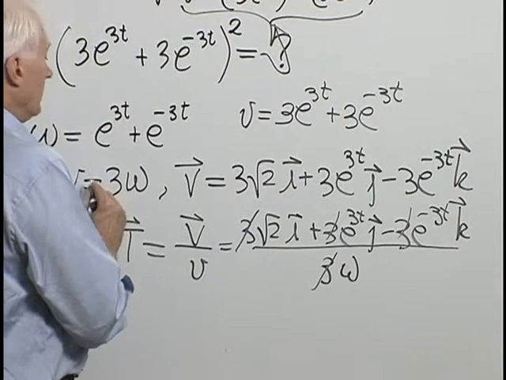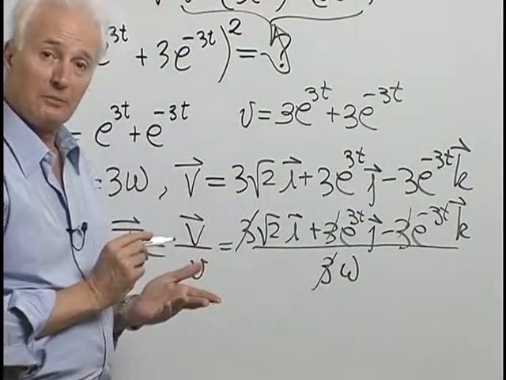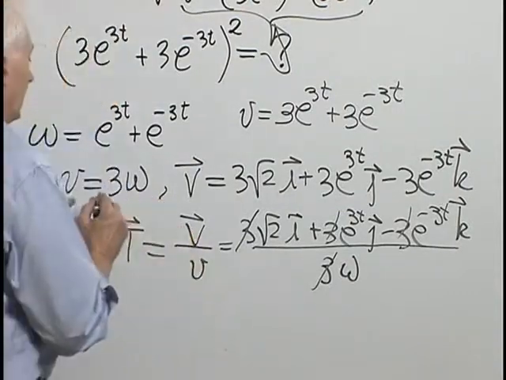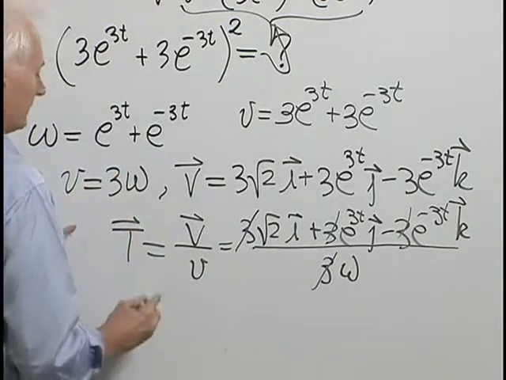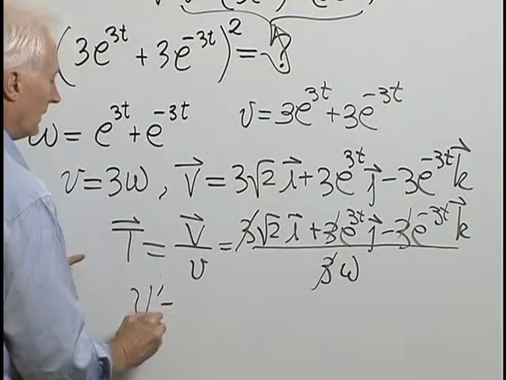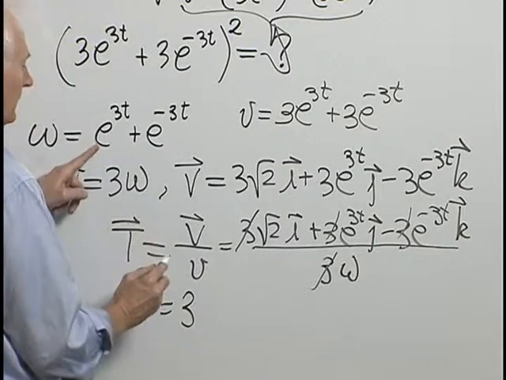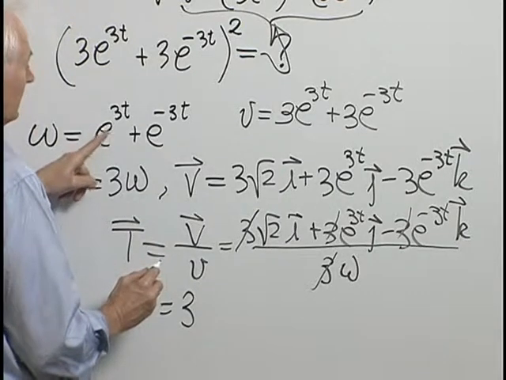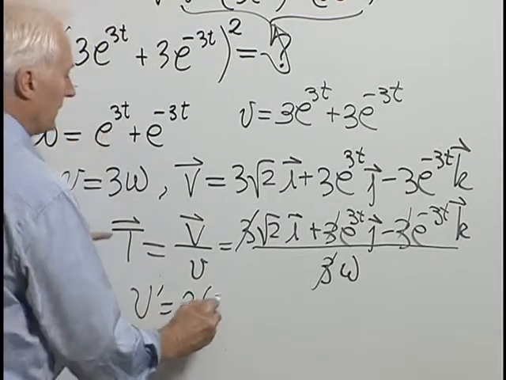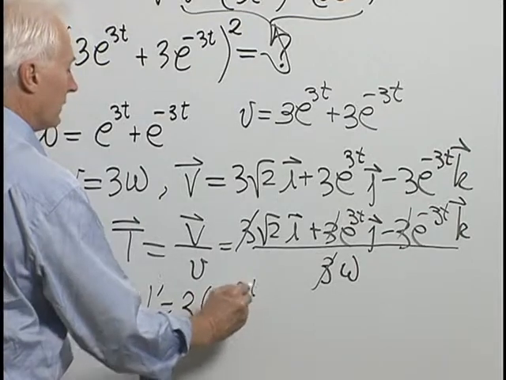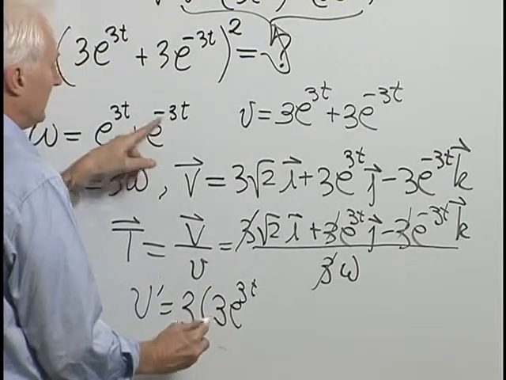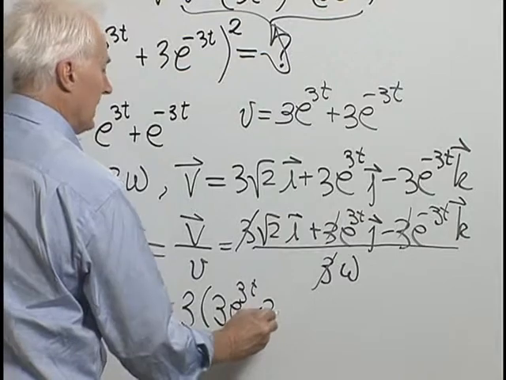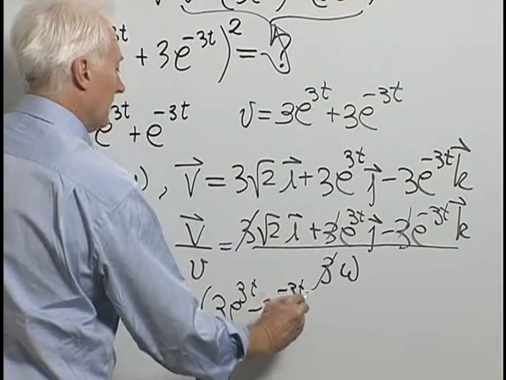So now we have our unit tangent vector, and next what we have to do is differentiate our speed to find the tangential component of acceleration. And so the derivative of speed is 3 times the derivative of w. Well, what will that be? The derivative of e^(3t) is 3e^(3t), and the derivative of e^(-3t) is negative 3e^(-3t).